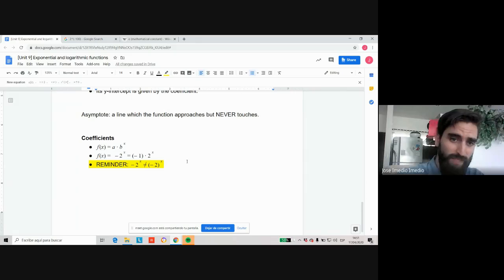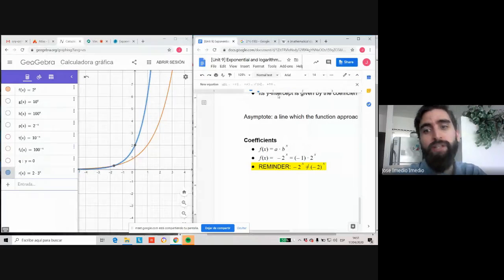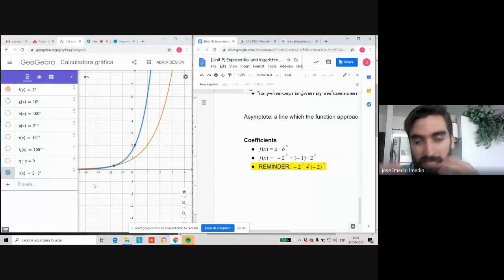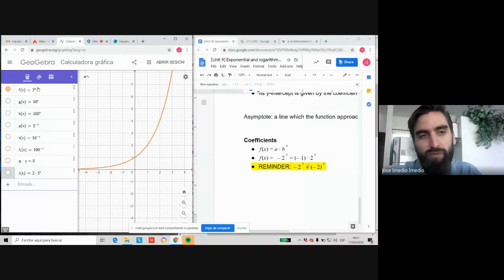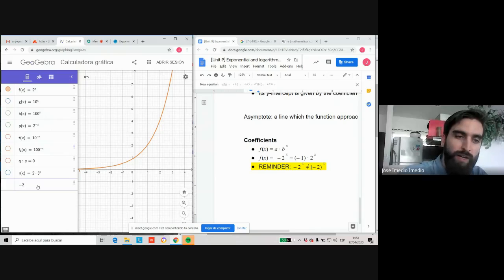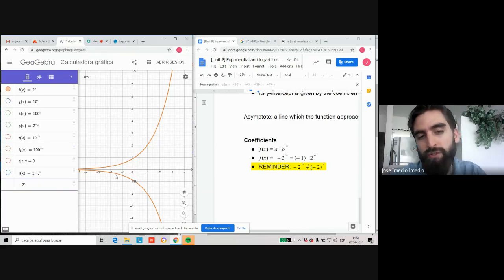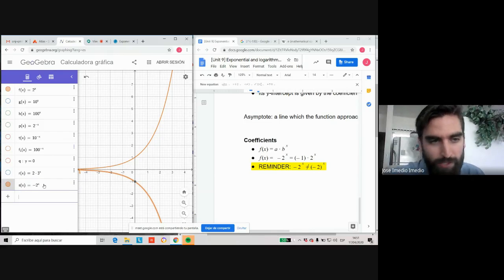Okay? Actually, what is going to happen here, that's another thing that you don't need to remember, but it's helpful when you're solving IXL, is that if I make this, it's going to be a reflection over the x-axis. Okay? If I do that. Actually, let's go one step further.